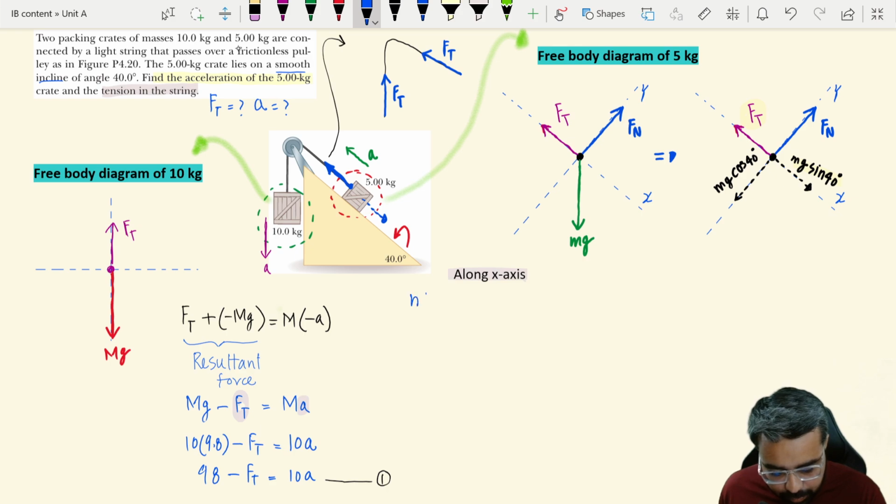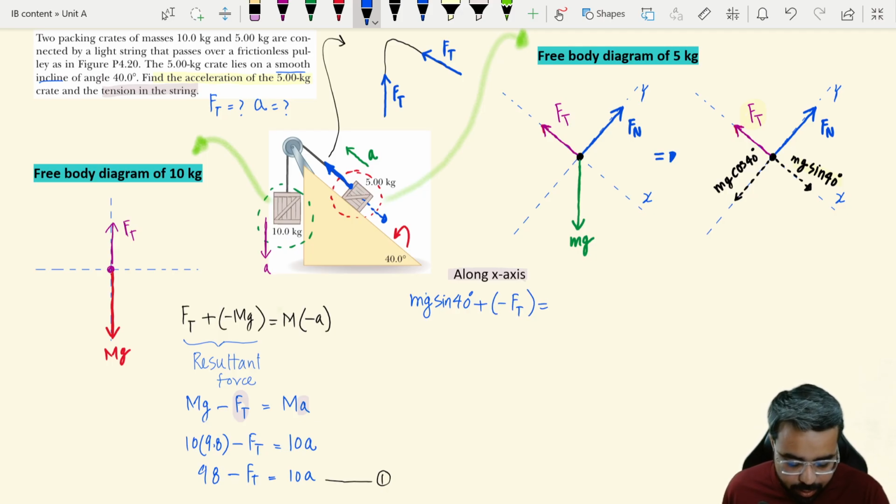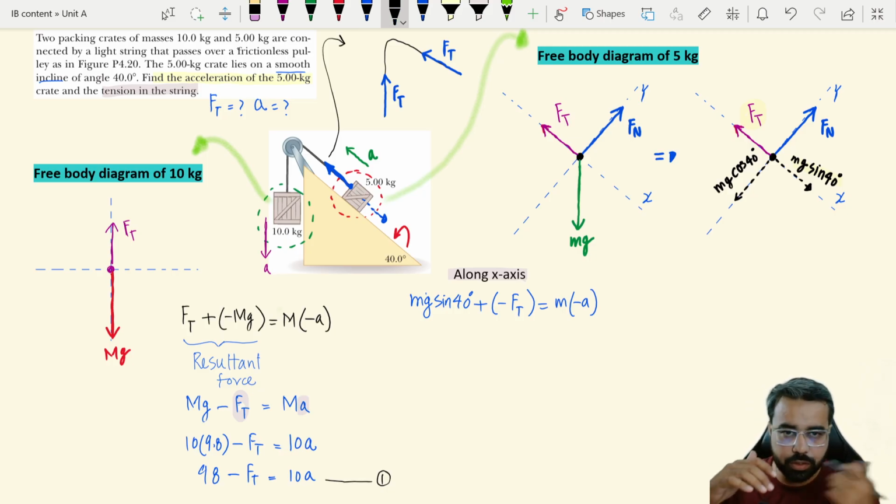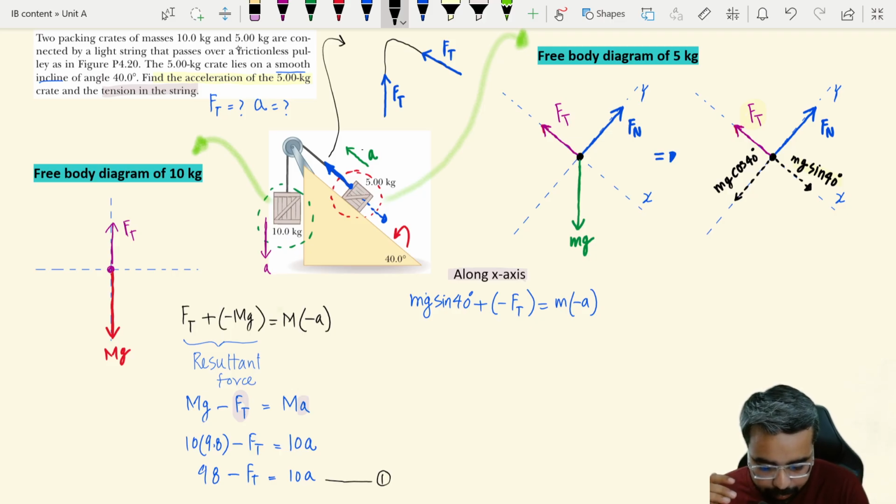If you follow the sign convention, mg sin 40 is obviously a positive force because it is on the positive x-axis, plus negative Ft, the force of tension, is equal to m into negative a. I'm following the sign convention that the positive force is the one on the positive x-axis. As it is accelerating along the negative x-axis, that's why I have written negative a.